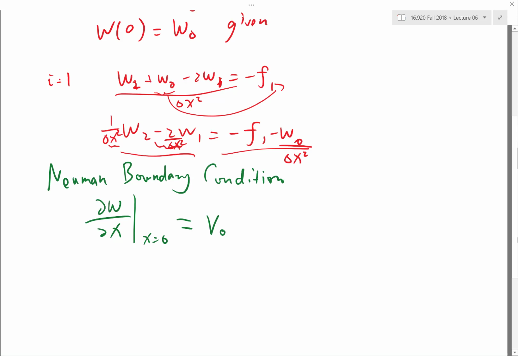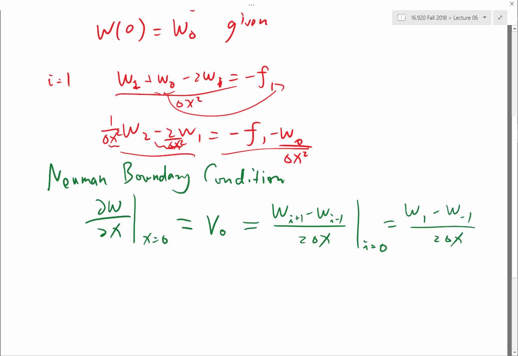One way to discretize it is using Wi+1 minus Wi-1 divided by 2 delta x. We know it's a second order approximation, right? At i equal to 0, this is equal to W1 minus W-1 divided by 2 delta x.